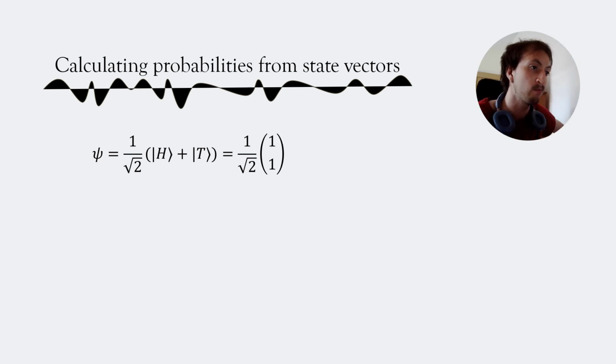So we have, for example, this type of quantum state here, and we can ask, if a particle is in this quantum state, what is the probability of us finding it heads up or tails up? And we have to find it heads or tails up because those are the only two viable classical states for a particle or a coin on the table.